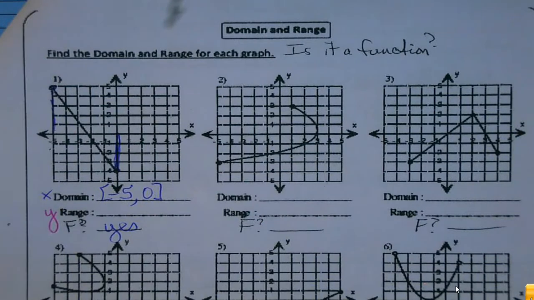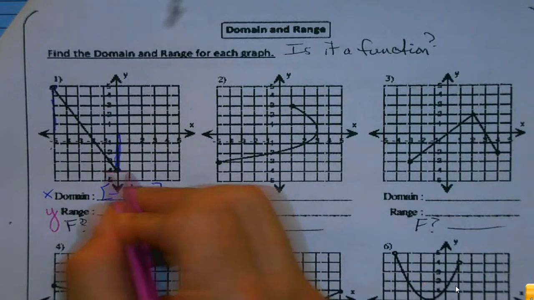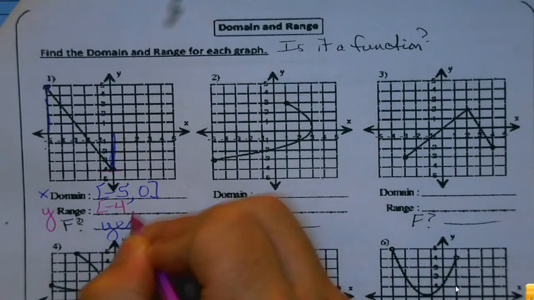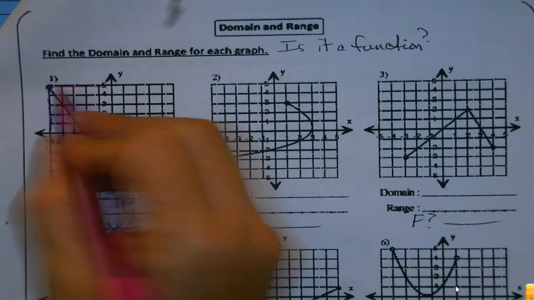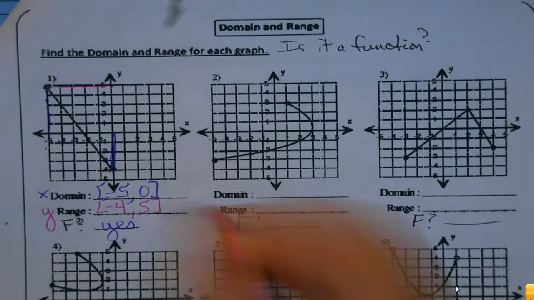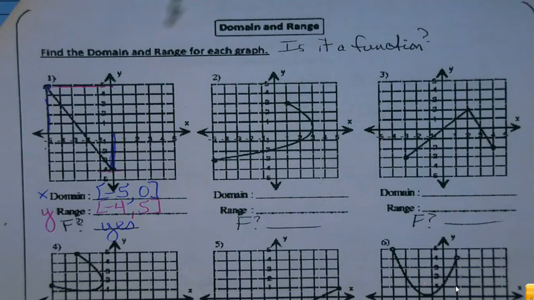Range is the same concept, except we're going from bottom to top, looking at the y-axis. Again, it's not a bad idea to actually draw the line back over to the axis, just to remind you, so you're not trying to use -5 for that and use the x over it again, because we don't want to do that.